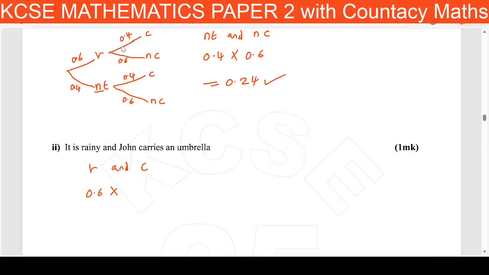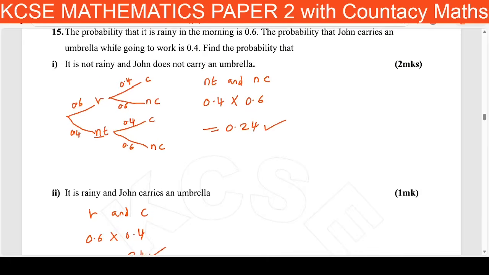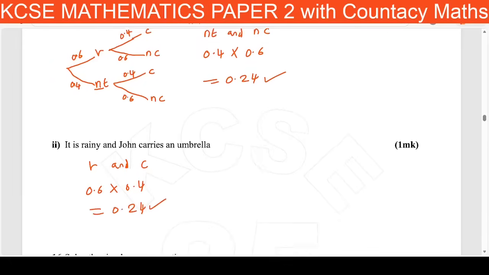We multiply by carries an umbrella, which is 0.4. Again, this one is going to give us a similar case because it's only the numbers that have interchanged in terms of doing the multiplication, and that's going to give you 0.24, and that is the required solution for that, and that is how you're really supposed to handle that.